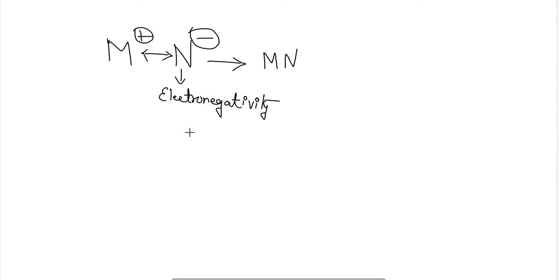Means the anions have enough electronegative power to attract electrons from the metals or cations, in order to form anions by the electronegative elements. So what is this electronegativity? Electronegativity is nothing other than the tendency to attract electrons.